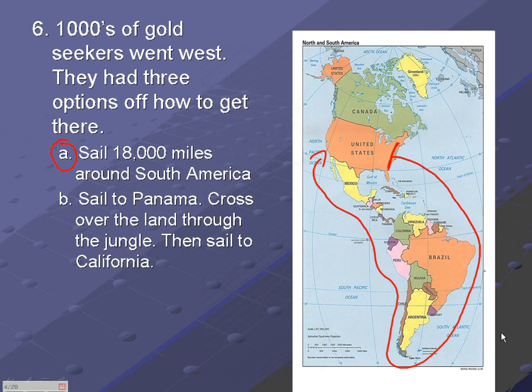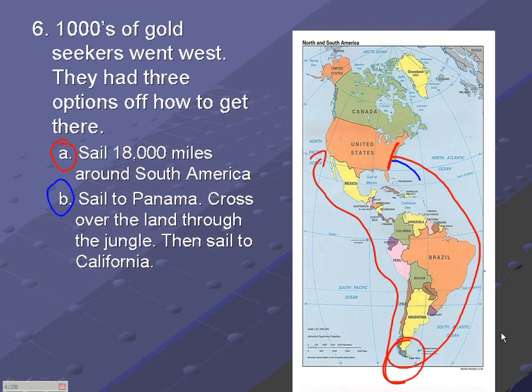Obviously, that's a very long journey. You have to deal with the Straits of Magellan down at the very bottom here. Very treacherous path. The second option didn't take as long, but was just as dangerous, if not more.